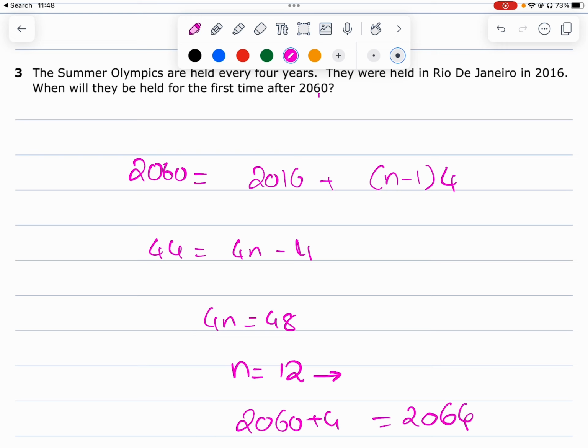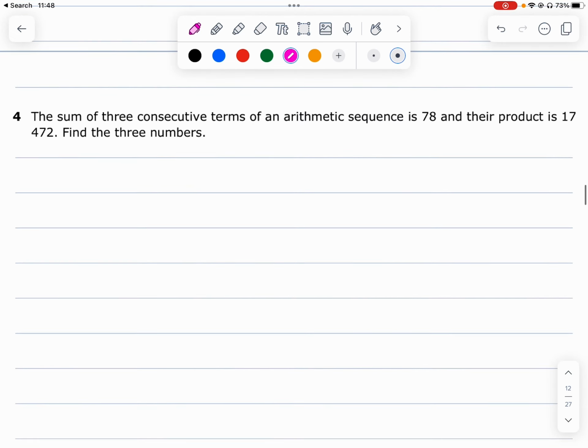2064. Question number 4. The sum of three consecutive terms of an arithmetic sequence is 78 and their product is 17,472. Find the three numbers. Let the three numbers be x minus d, x and x plus d, which is always easy, so that when we add them, the d cancels and we can get the value of x.